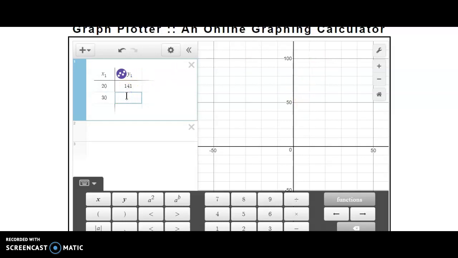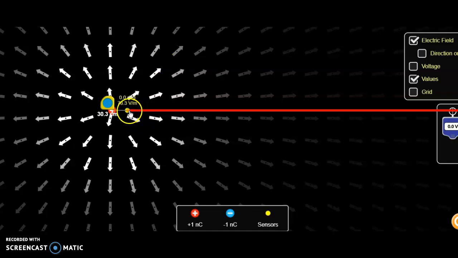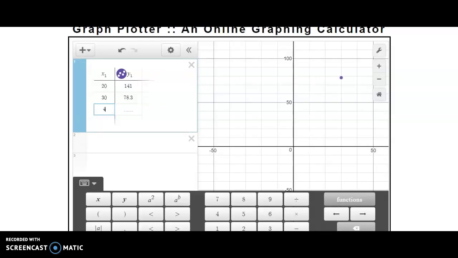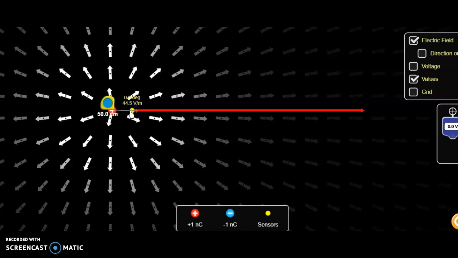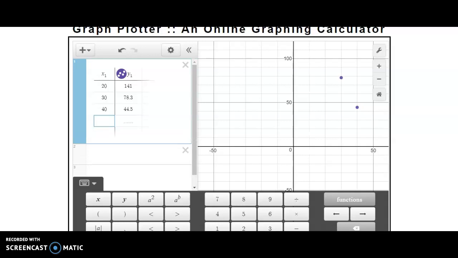So 78.3 is the second point. Let us make it 40 centimeters, which gives us 44.5. At 50 centimeters, it is 32.2.